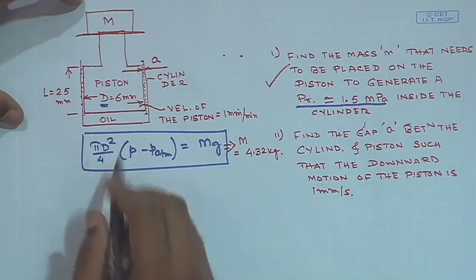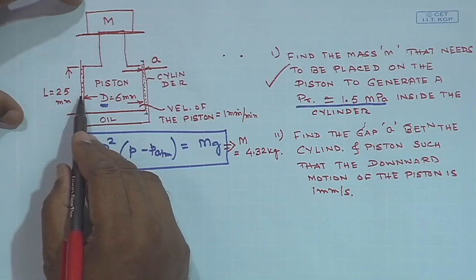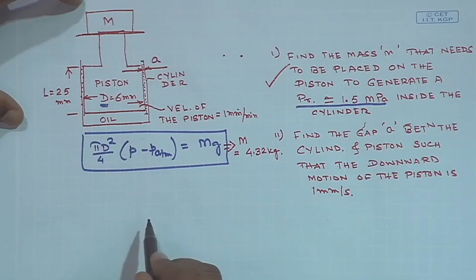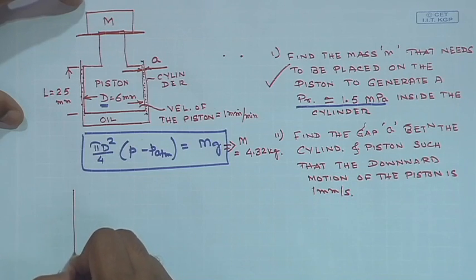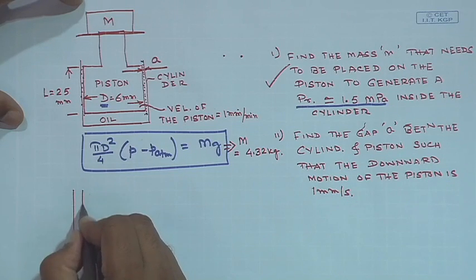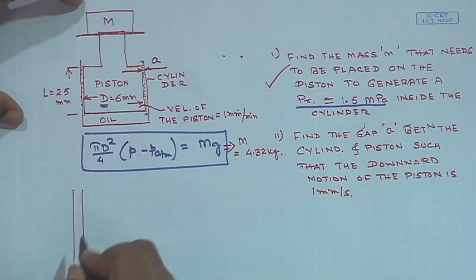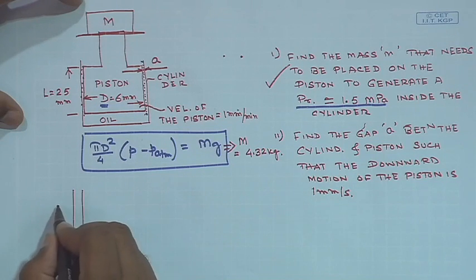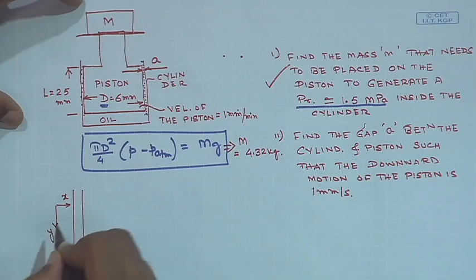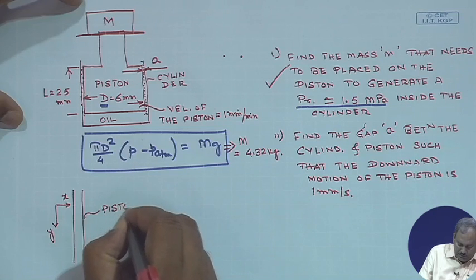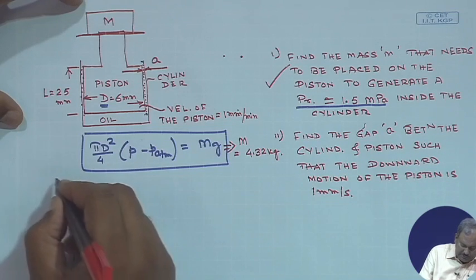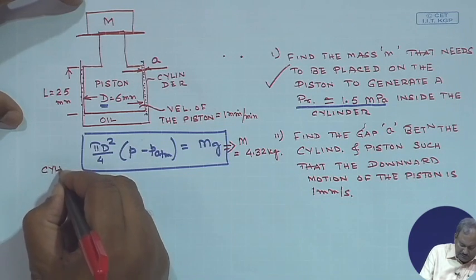About the second part, as I said, since the gap is very small in comparison with the curvature, we are going to think of it as two parallel plates. This is the x direction and here we have the y direction. This wall represents the piston and this one is the cylinder.